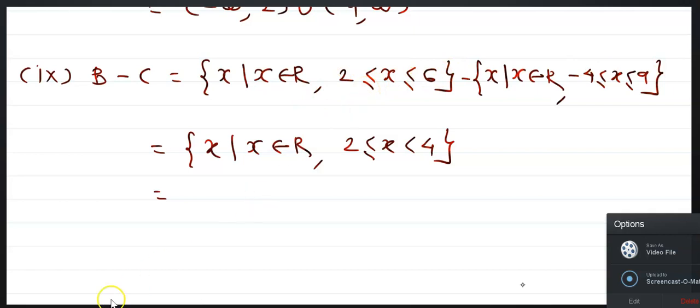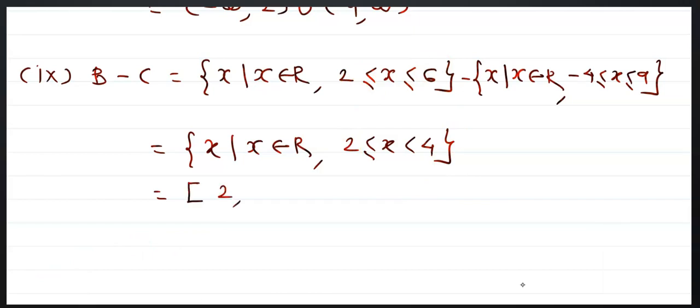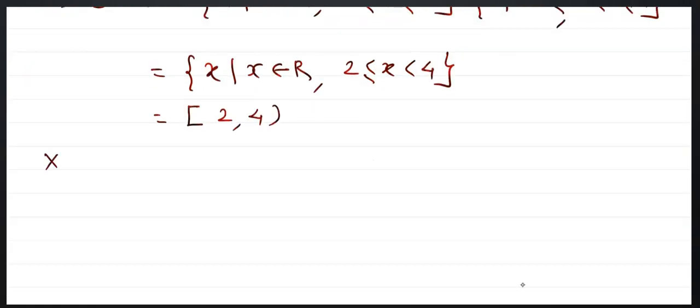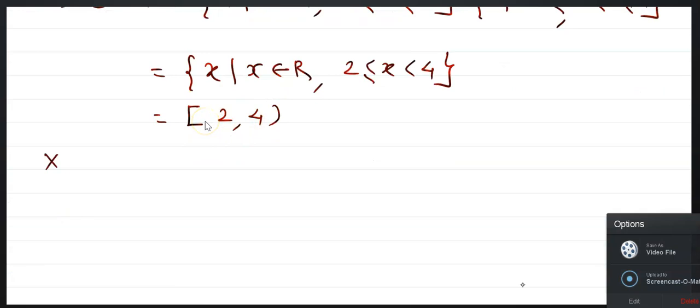Again you will get 2 and 4 in between this, that is 2 and 4. Therefore, that is an open interval 2 and the closed interval is 4.